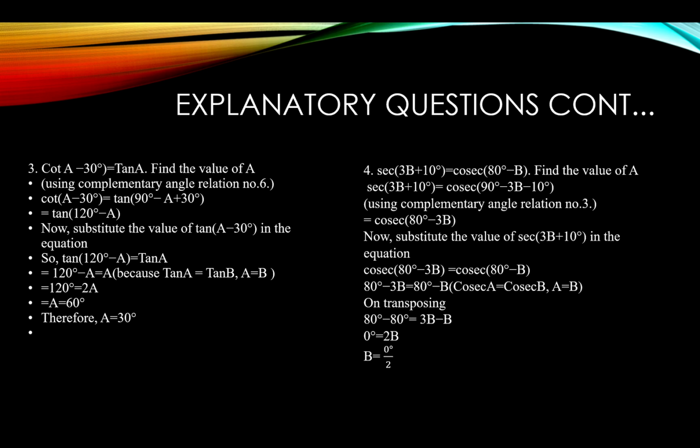So the complementary angle is tan(120 - A). Now we substitute the value of tan(A - 30) in the equation. So tan(120 - A) is equal to tan A. Using the fact that if tan A is equal to tan B, then A is equal to B, we find that 120 minus A is equal to A, and then upon transposing, 120 is equal to 2A, and A is equal to 120 divided by 2, which is 60 degrees.